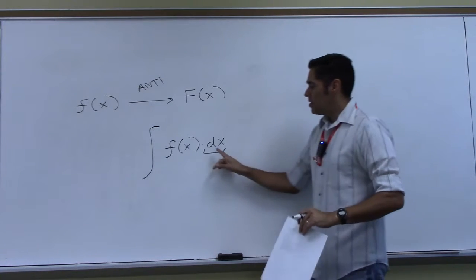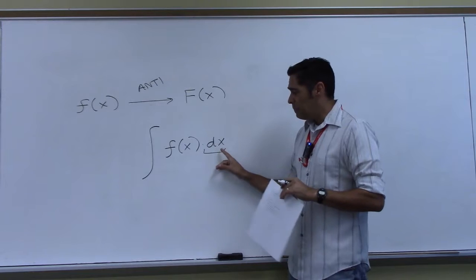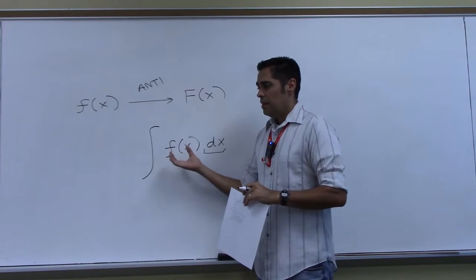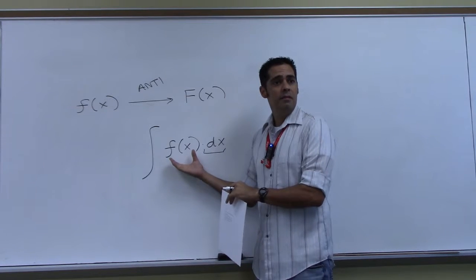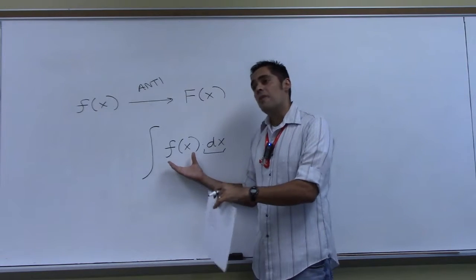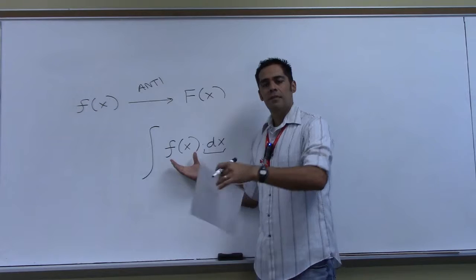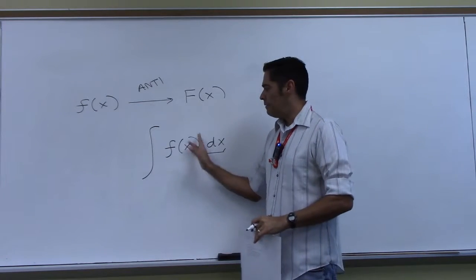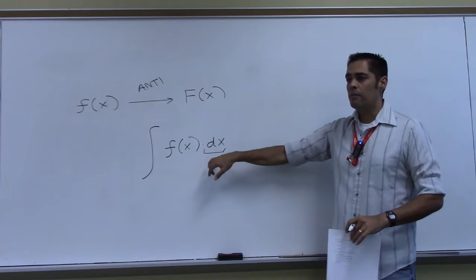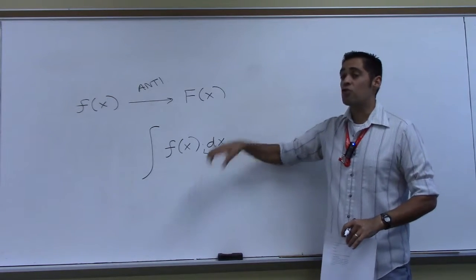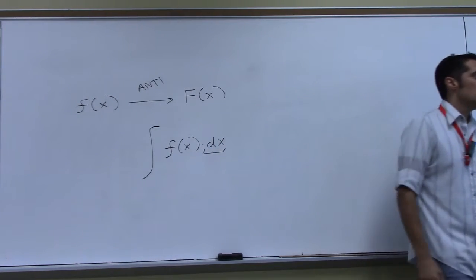If this says dx, that means you're treating the x's as the variables. We're not going to see anything other than that, but if you go on and do more calculus, you'll have functions of more than one variable. So this keeps track of what you're treating as the variable.